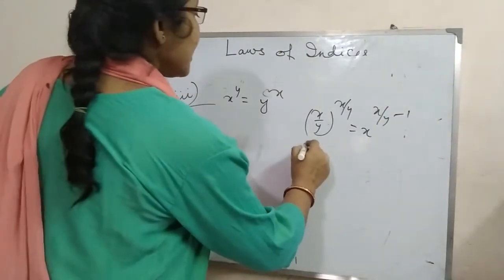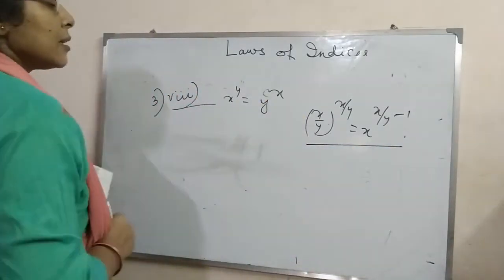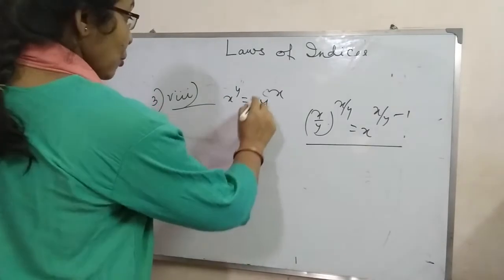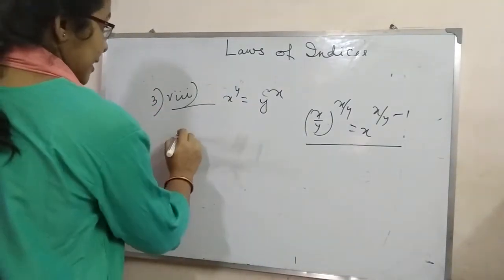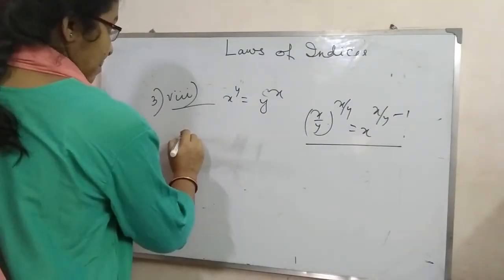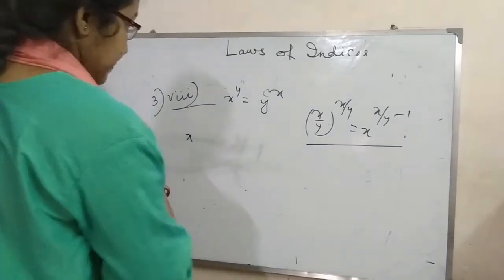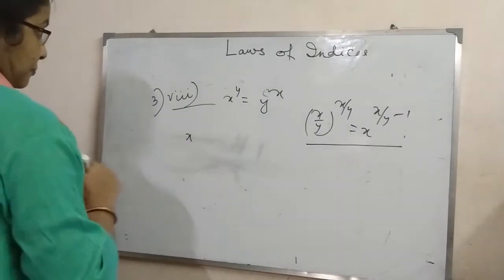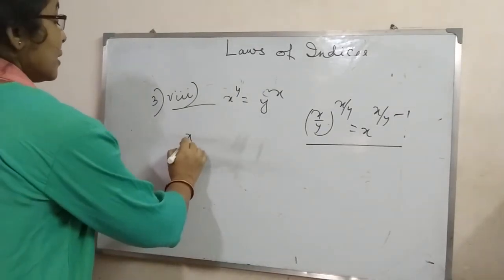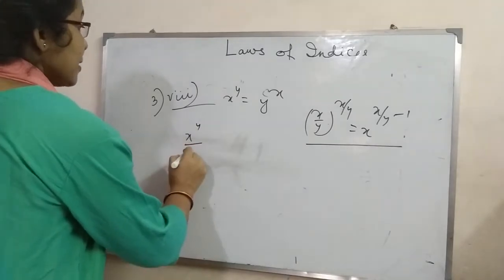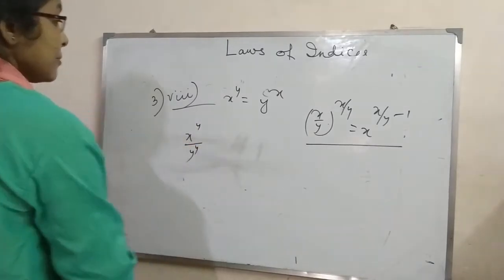First one I have to prove this, x to the power y equal to y to the power x, that is x to the power y by y to the power y.